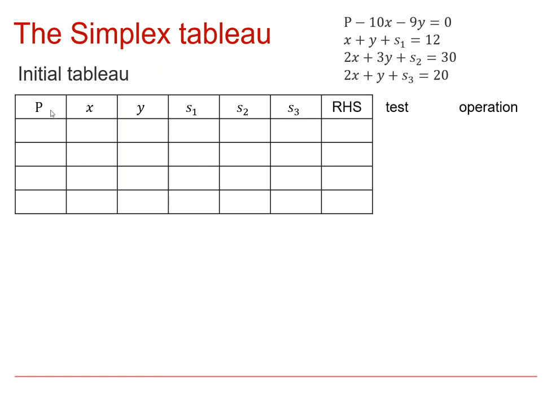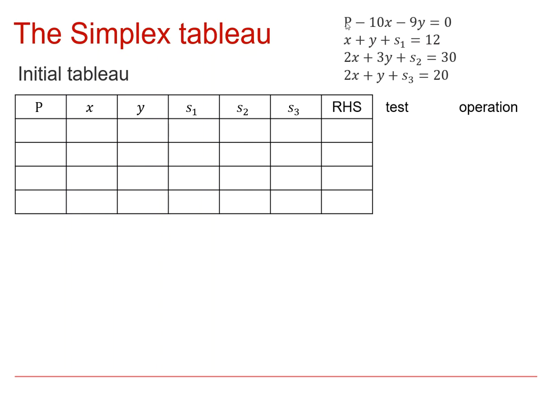So this is what the Tableau looks like to begin with. What you'll notice is we've got a top row here with labels, one for each of the variables involved, and then one for what's called the right hand side. This represents the right hand side of the equations. We've got 4 equations, so we've got 4 rows to fill in, and what we record in the table is not the values of the variables, but their coefficients.